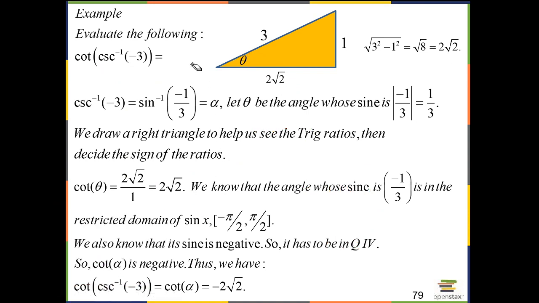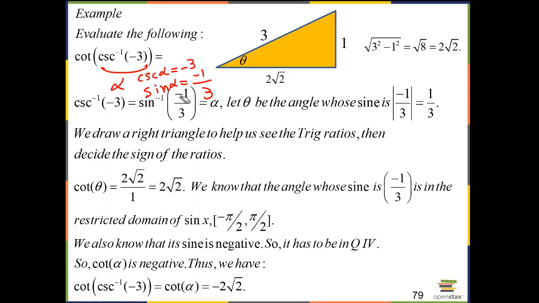Again, go over this one more time. We're looking for alpha whose cosecant is -3. Now, if cosecant of alpha is -3, that means sine of it is -1/3.